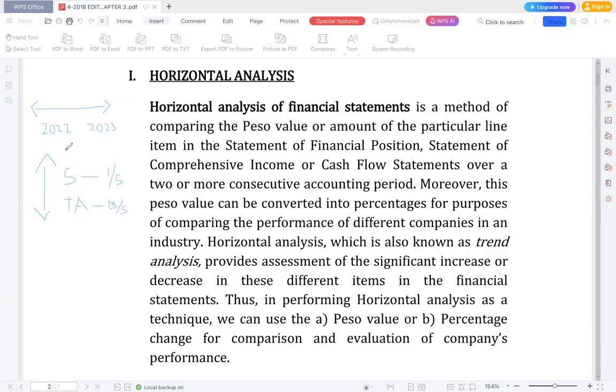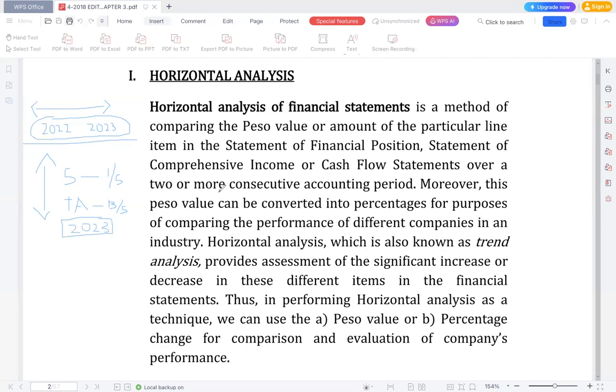It shows that for vertical analysis, we are going to determine the percentage on a yearly basis. And we are not going to compare the result of the financial performance last period and the next period, because that is horizontal analysis.